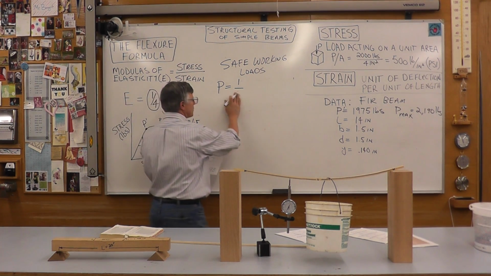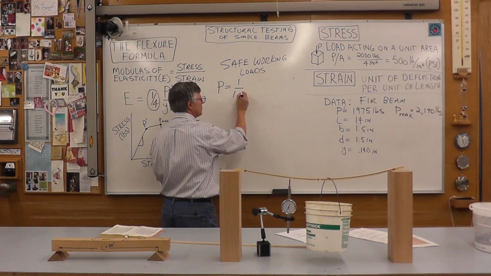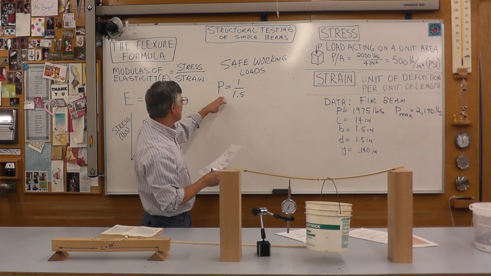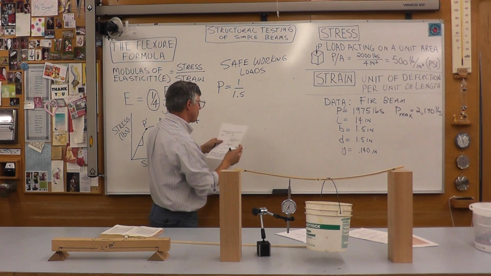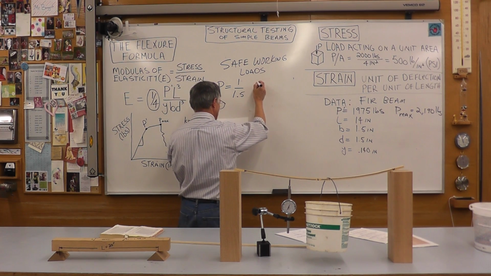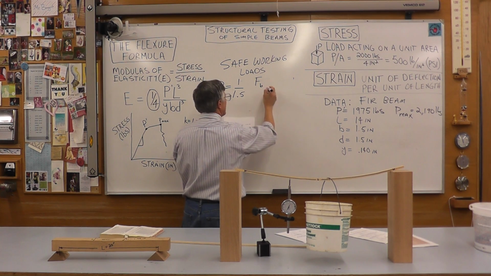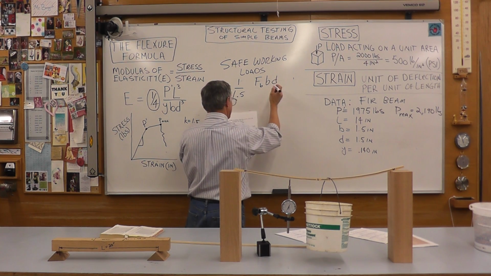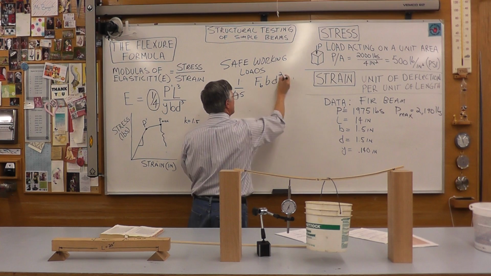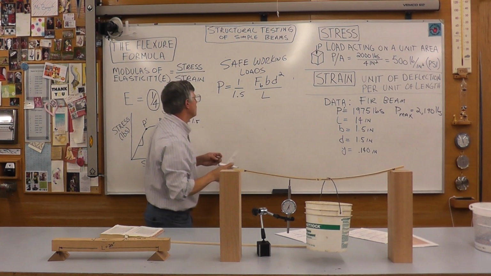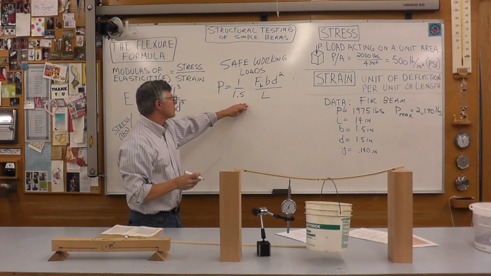Actually, I haven't been doing that all the way throughout this, so I'll just go ahead and forget the constants. So safe working load is 1 over 1.5 times FB. Okay, I'll talk about that. BD squared over L. So this is kind of an interesting thing.